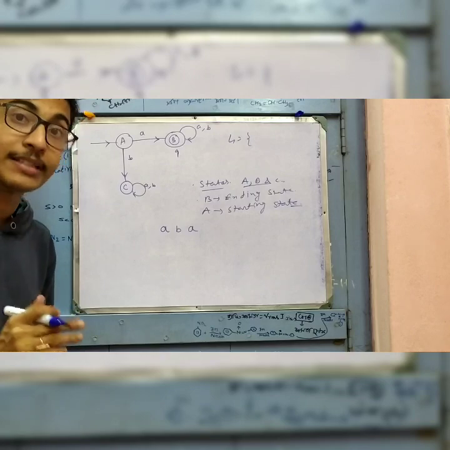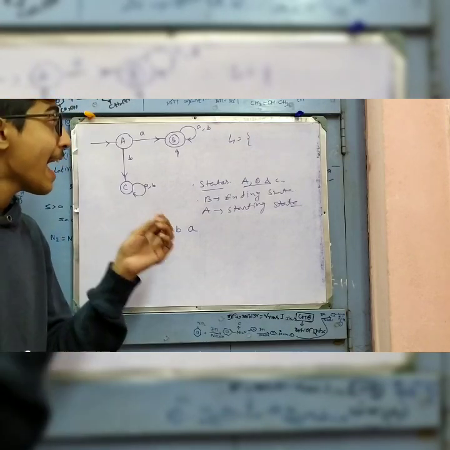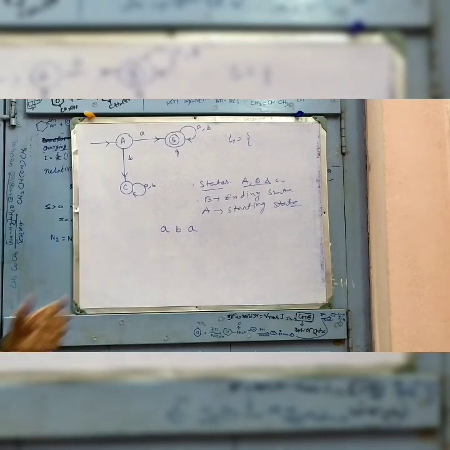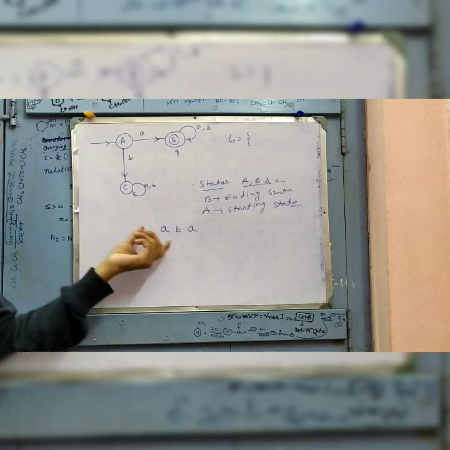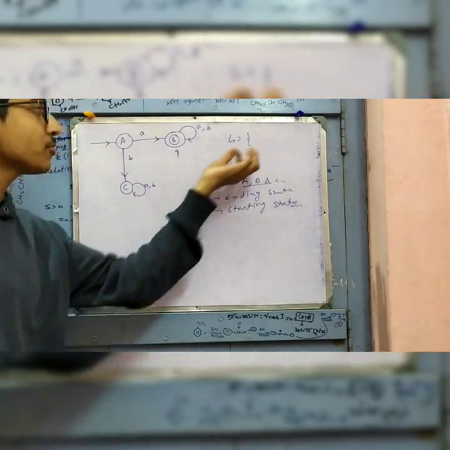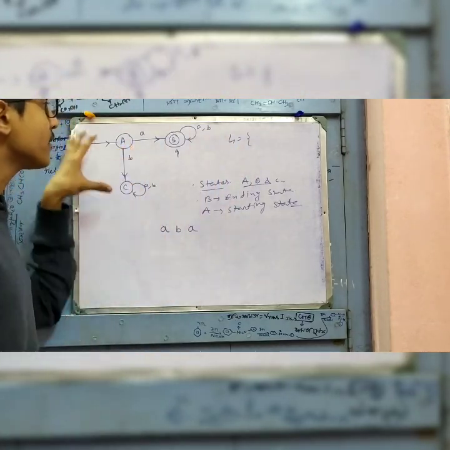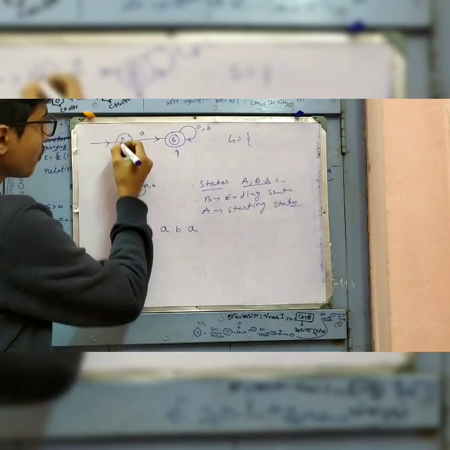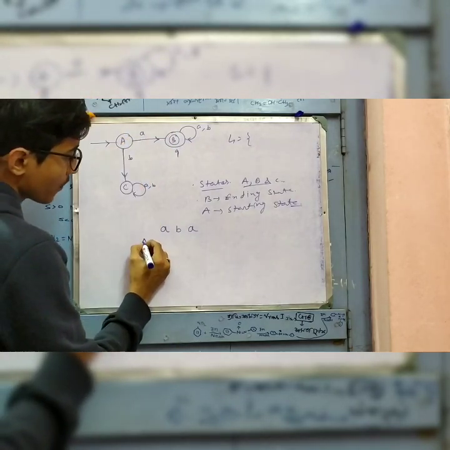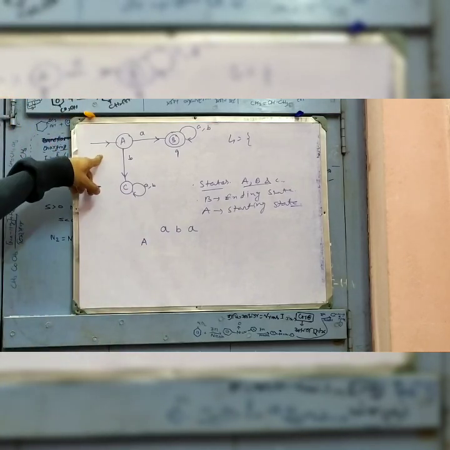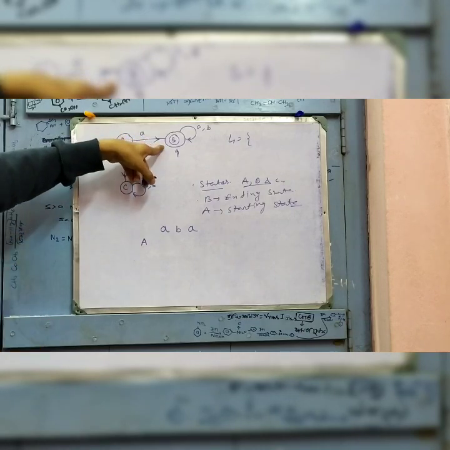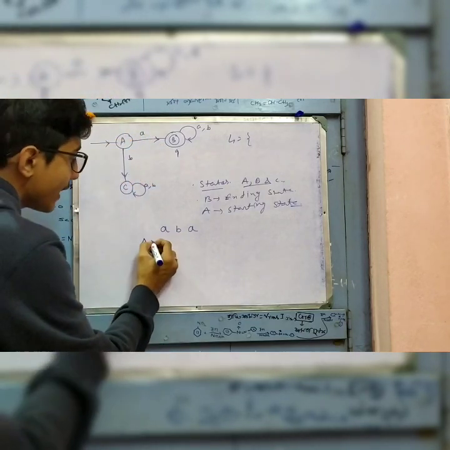L1 is my language having all strings whose first letter, or first symbol, is A. So you can easily say that this belongs to this. Now you have to prove this in the machine way. So from the start I have come to A. From A I have to go towards B.